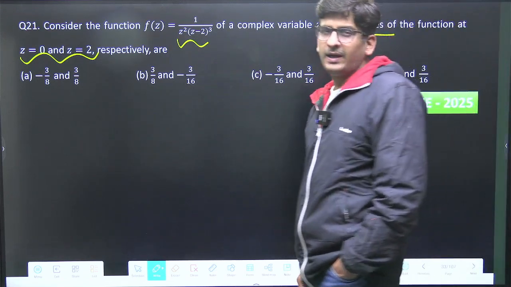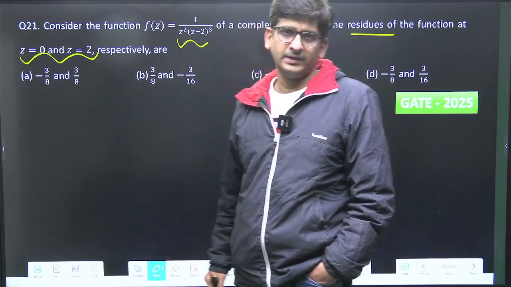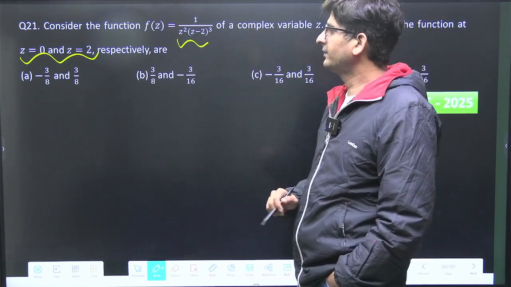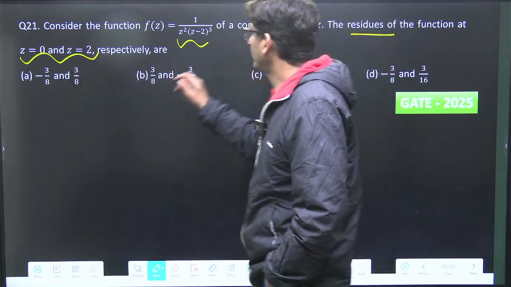So we know that residue is b1 of the Laurent series. So let us expand this Laurent series first of all about z is equal to 0.